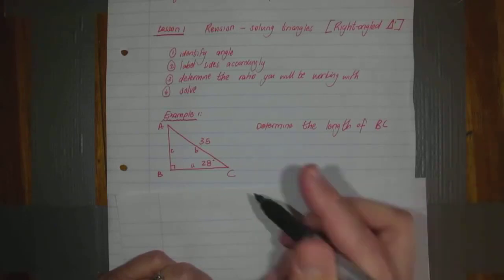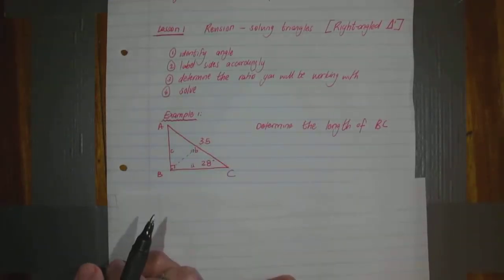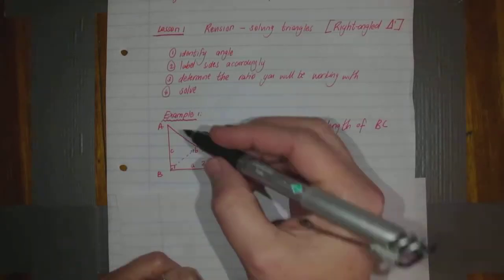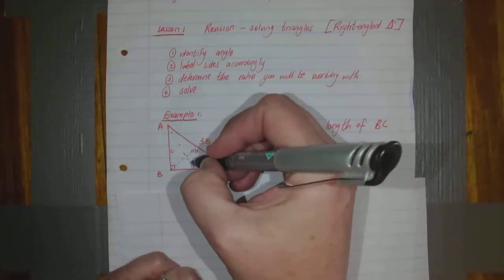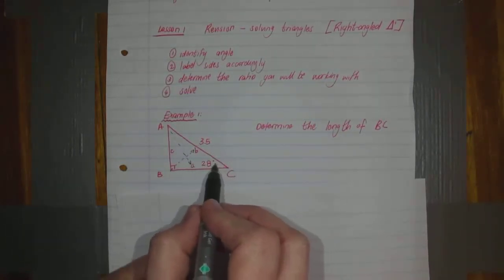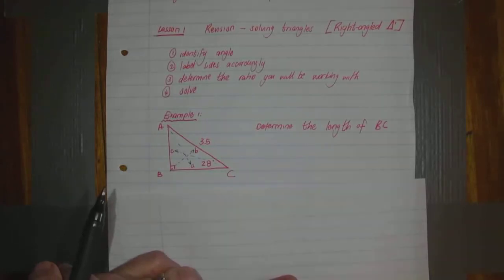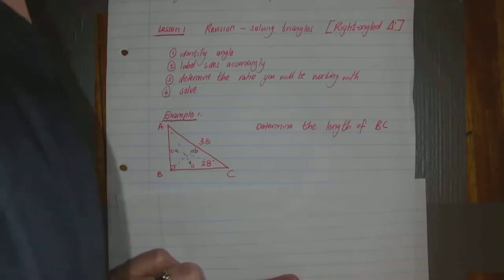So opposite angle B, I will find side B. Opposite angle A, I will find side A, and opposite angle C, I will find side C. This was one of your introduction lessons in grade 10.